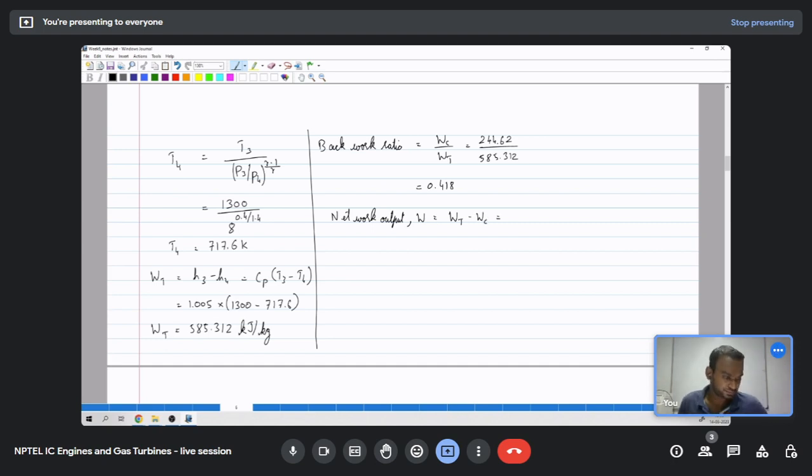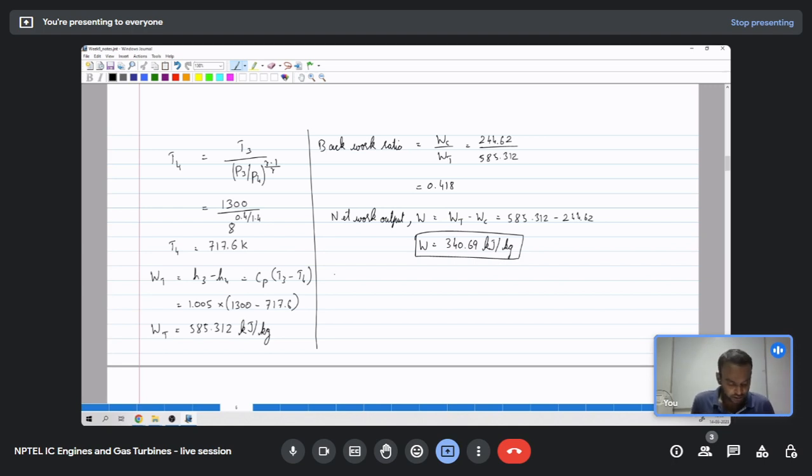This would be 585.312 minus 244.62, so this is 340.69 kilojoule per kg. So even though the turbine produces 585, we would have only 340 after the compression work is negated.